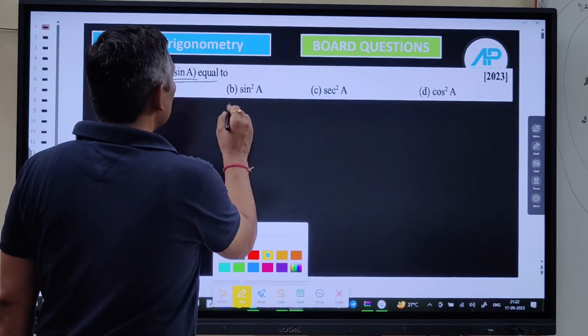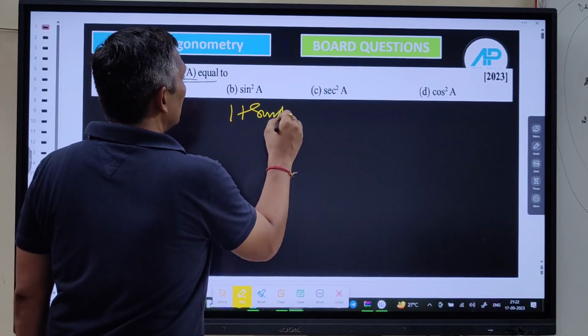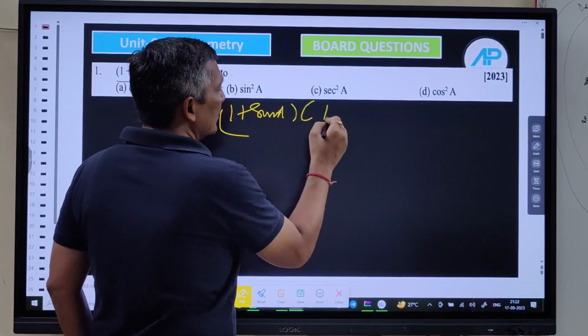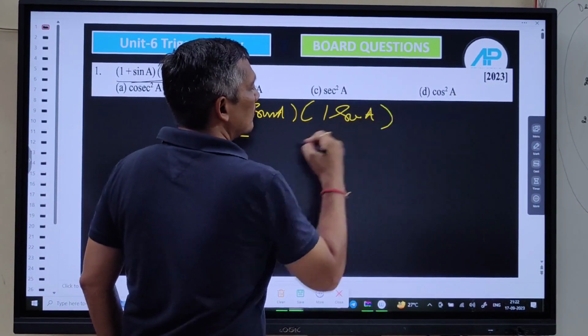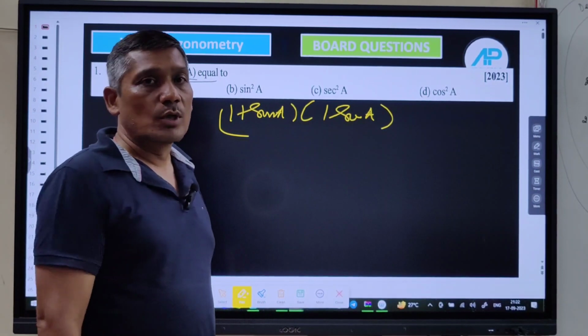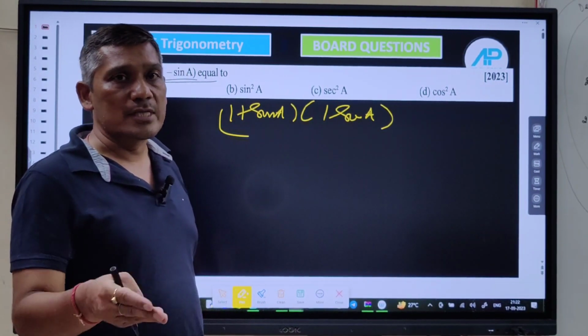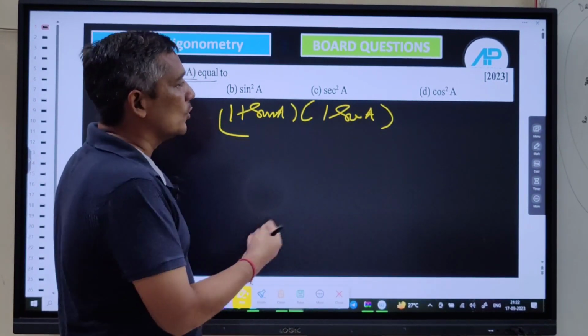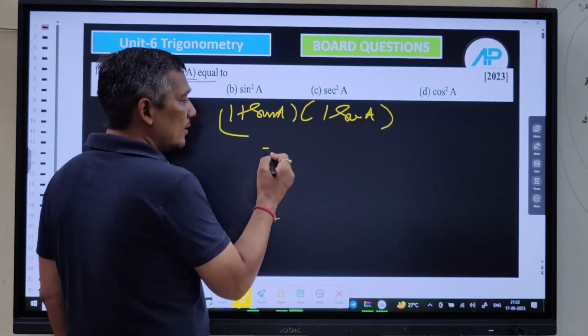So I can see here it is (1 plus sine A) into (1 minus sine A). Those who have been practicing these questions for long know that (A plus B) into (A minus B) equals A square minus B square.